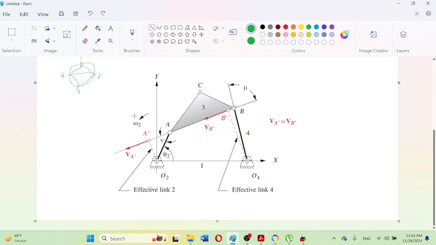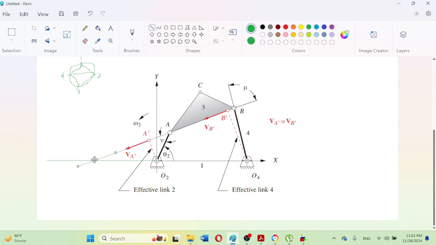Now use the second line: this is instant center 2,3, and this instant center is 3,4. Extend this line here.